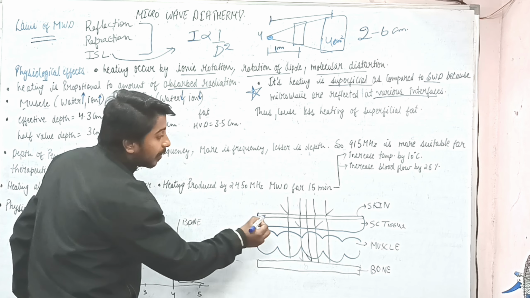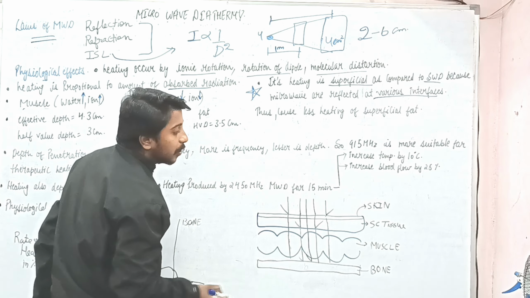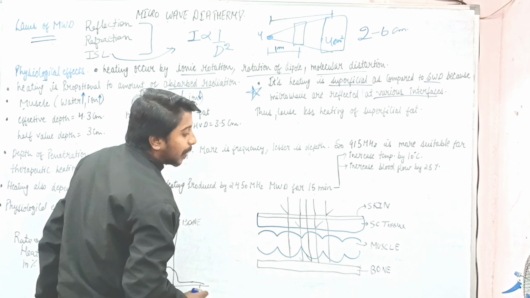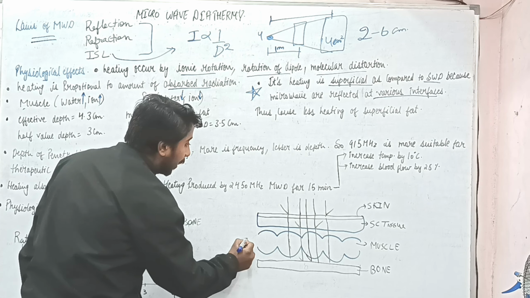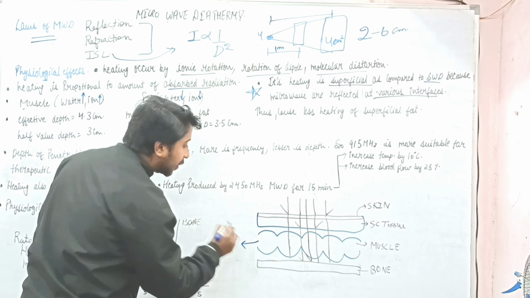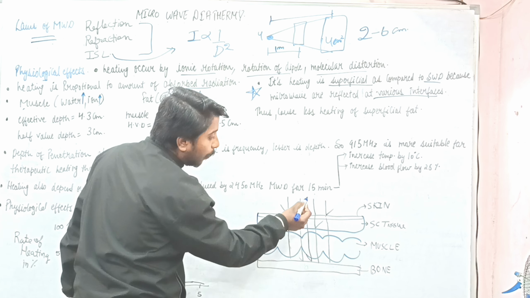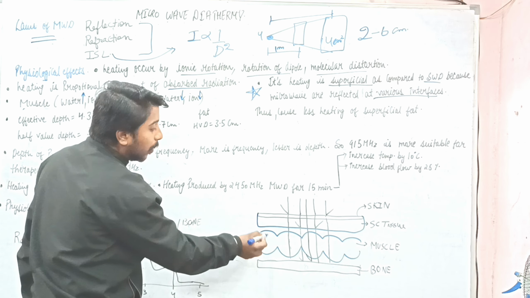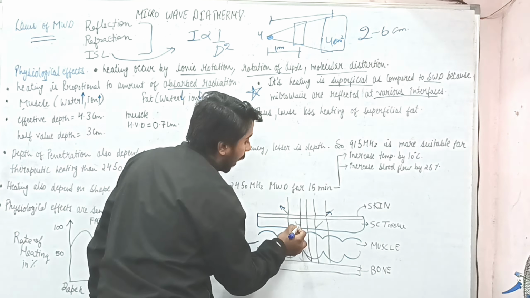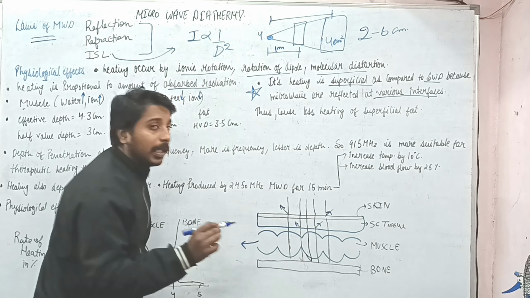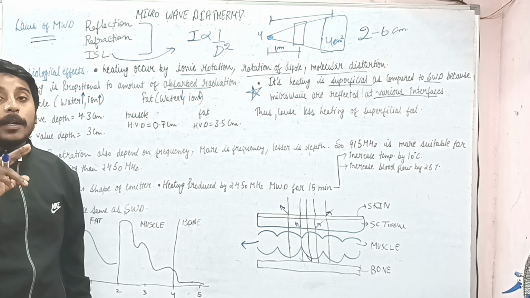Let us say this one is our skin, then below the skin it is subcutaneous tissue, then below it is muscle, below it is bone. So we want heating in the muscle region, but by the time this MWD radiation reaches the muscle, it will be reflected or refracted at various interfaces. Interface means the junction of two media.